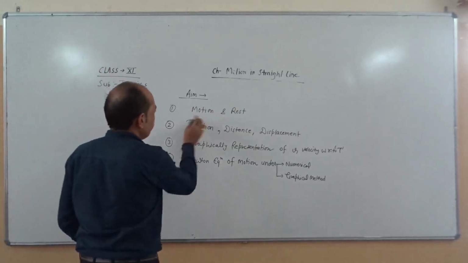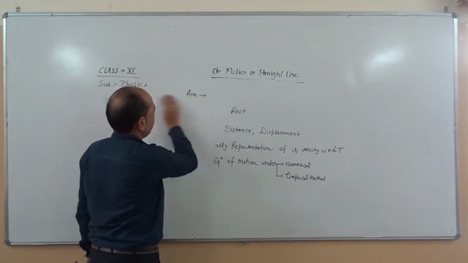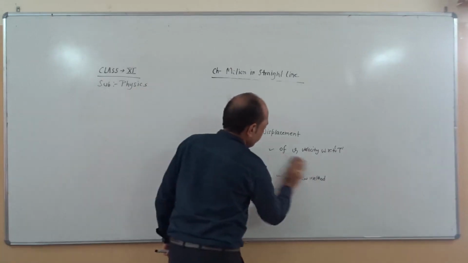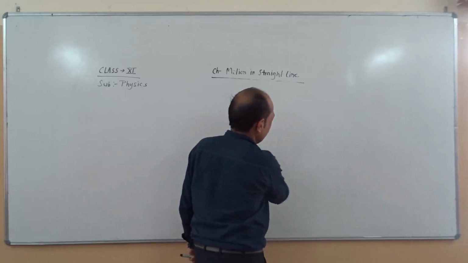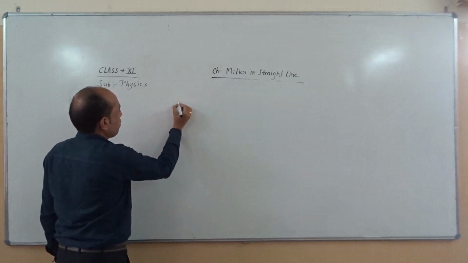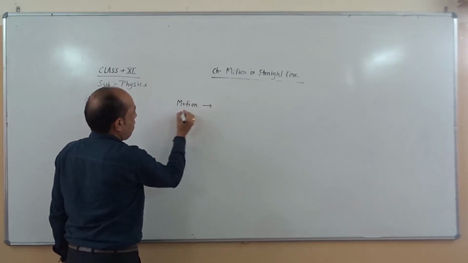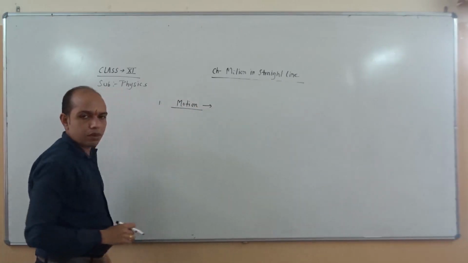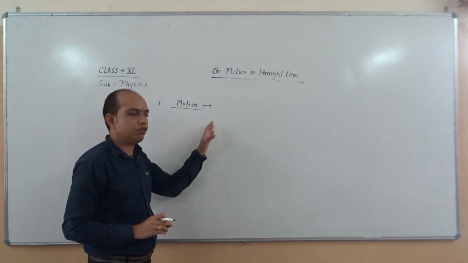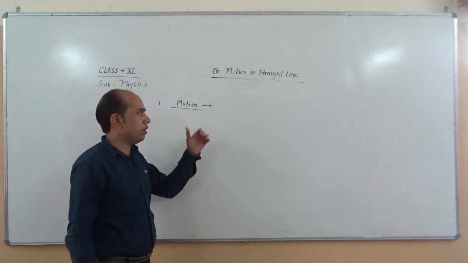So first we start with motion and rest. Motion means when an object changes its position with respect to time, then it is said to be in motion.